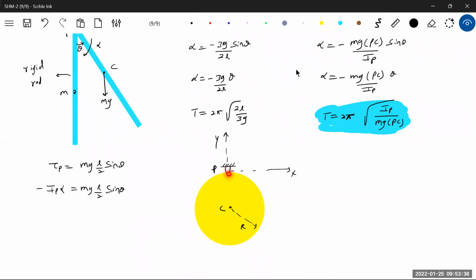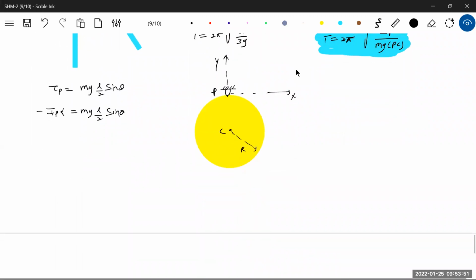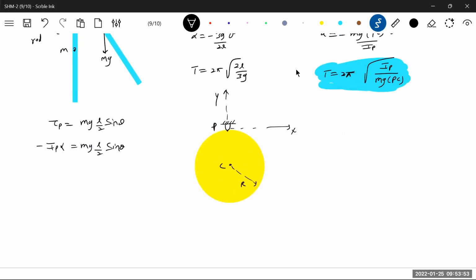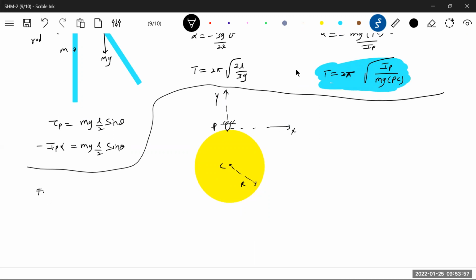If it oscillates about the Z axis, two things are there. It can oscillate about the X or the Z axis here. Find the time period of oscillations of the disk about X and about Z axis. We'll do both the things. Let's see how that formula will help us.